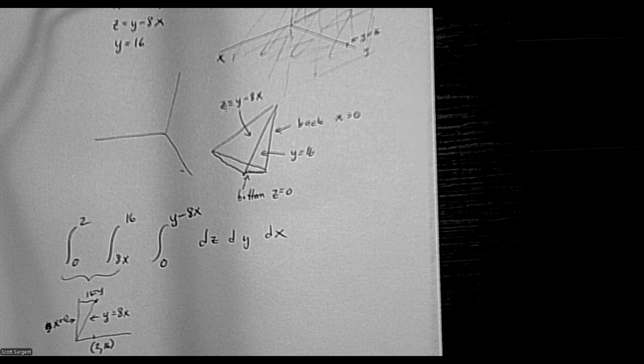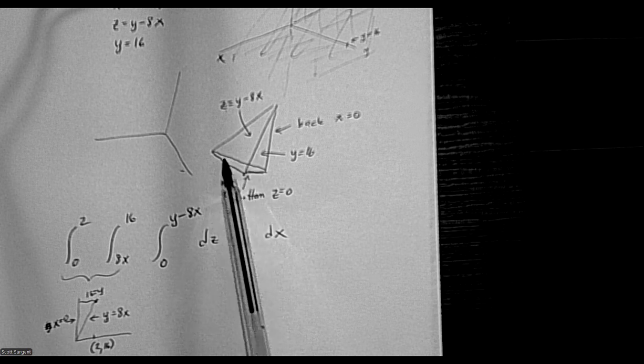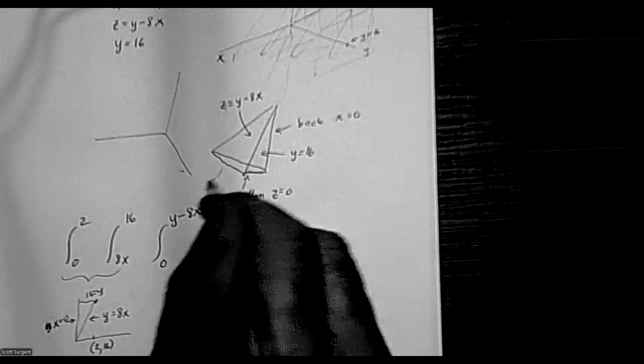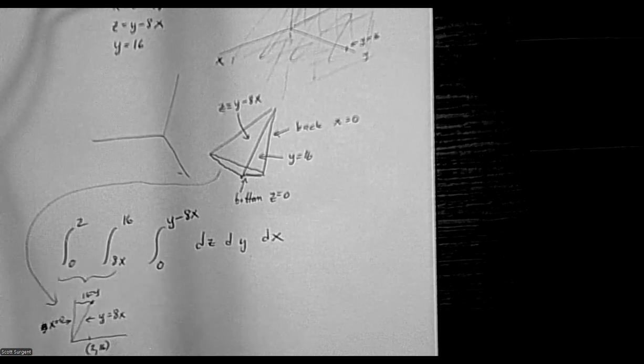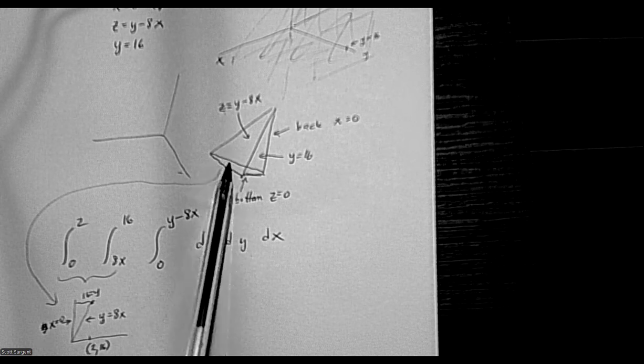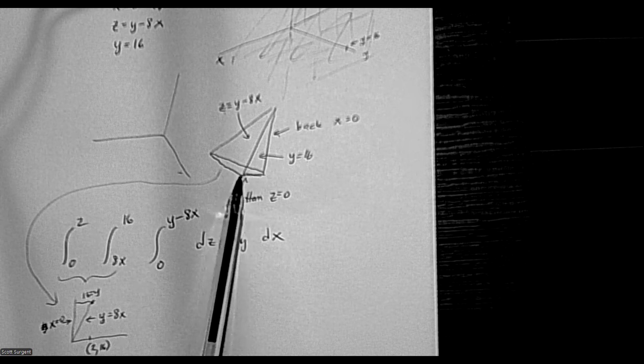For the middle one, the dy, you just took that y minus 8x, and... Well, I basically redrew the bottom right there. I drew the footprint. This is the bottom of the object, and it's only in x and y.